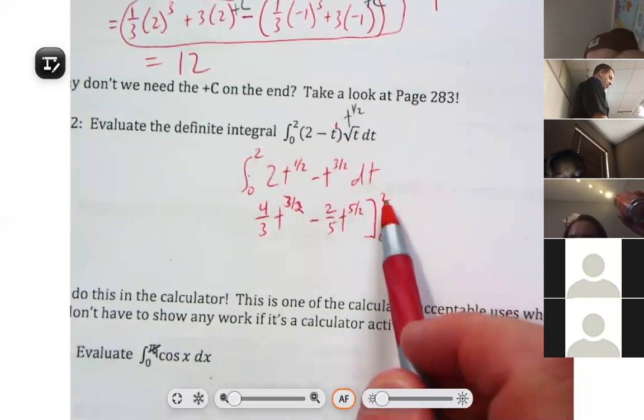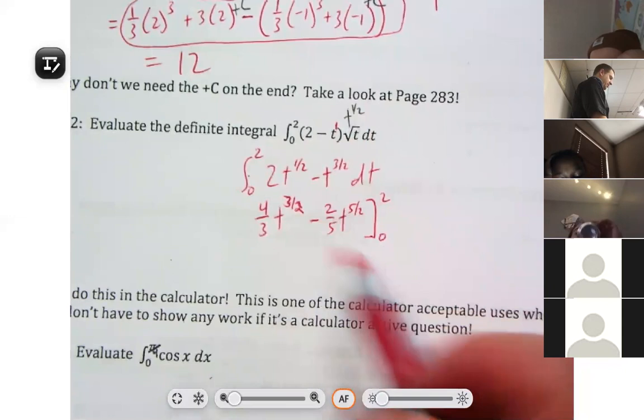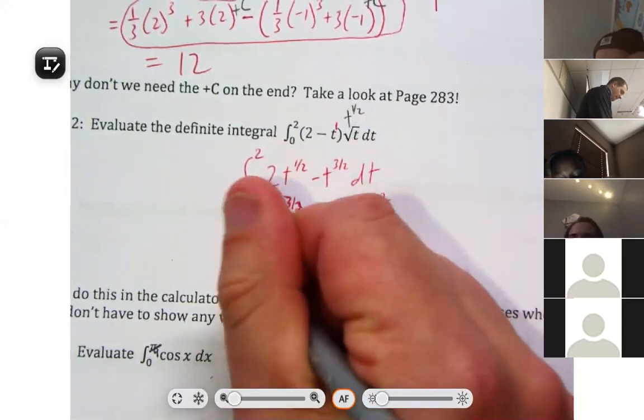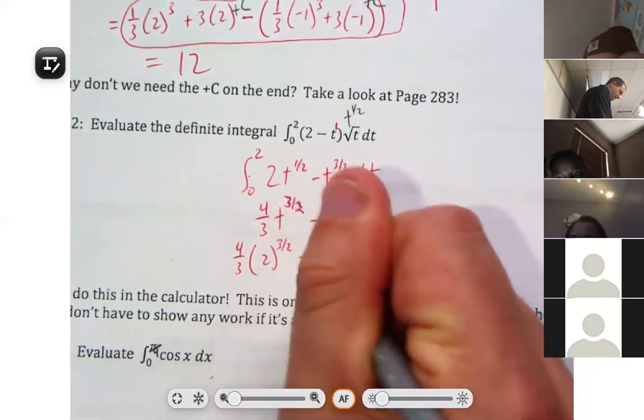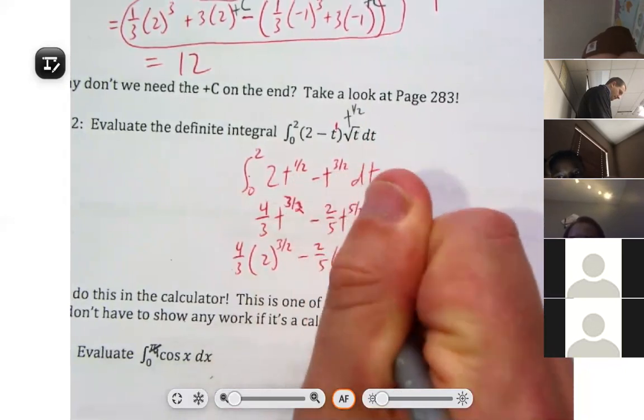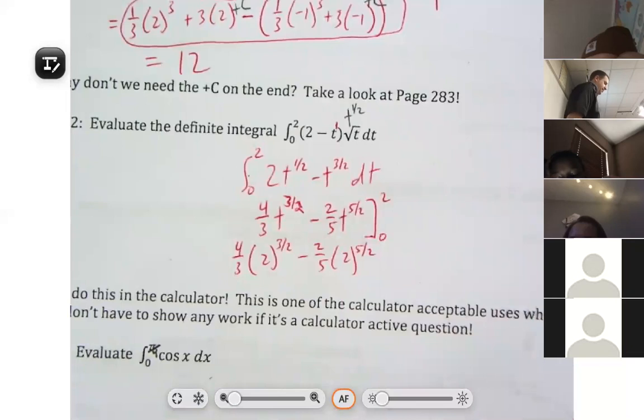And then I'm going to plug 2 in for the t's and 0 in for the t's. So I plug in the upper limit. I plug in 2 for both t values.